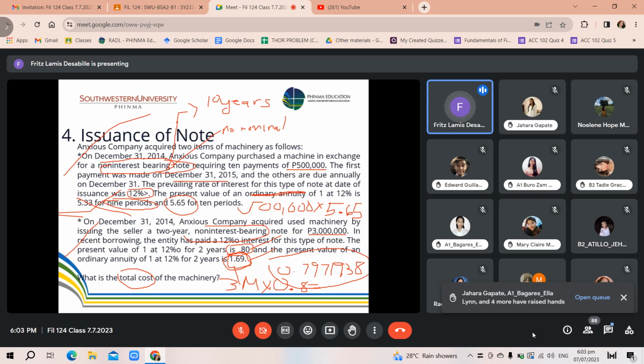So again, the first bullet is 500,000, the periodic payments, multiplied by the present value of ordinary annuity. The second bullet is 3 million multiplied by the present value factor of 1, which is 0.8.